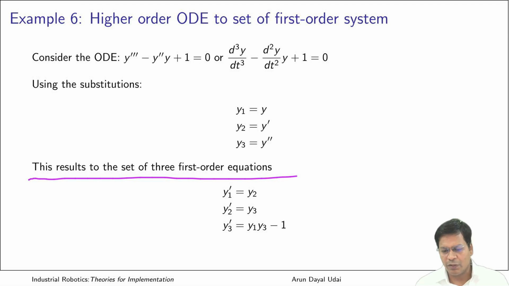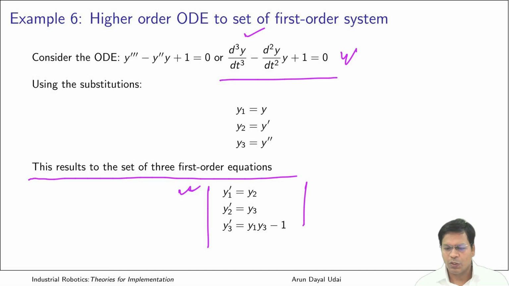If it is third order, you see you got how many equations? 3. So the number of independent first order equations depends on the order of the original differential equation of the system. If it is 3, you get 3 over here. Each one of them is a first order equation. They can be packed together and put to an ODE solver, and you can get the solution of that.